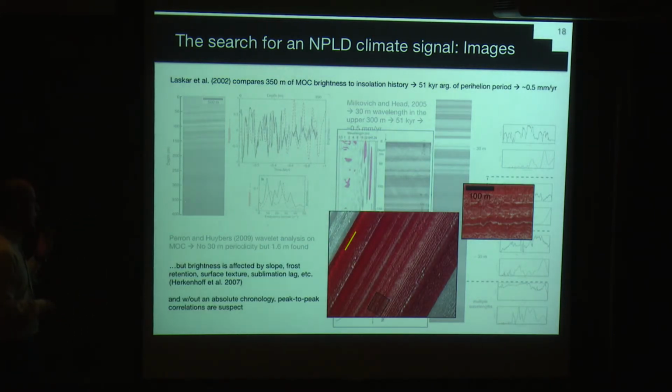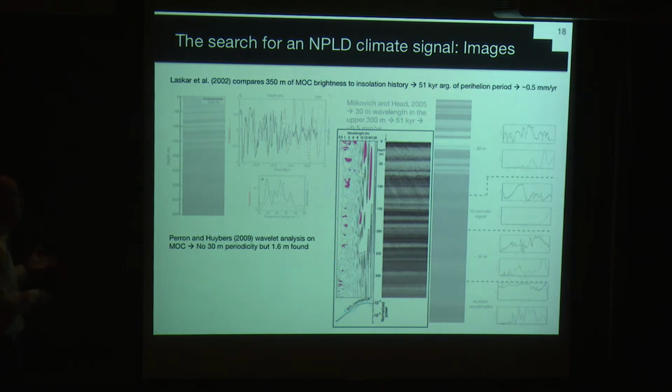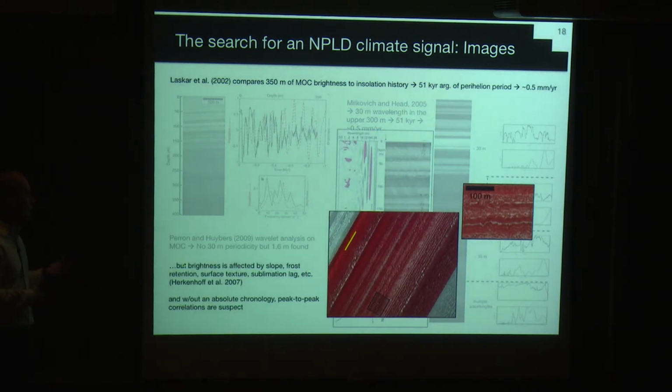And so at this point, it started becoming apparent that it wasn't as straightforward as it had seemed before to tie the periodicities in the polar layered deposits to the orbital history. However, we have to remember that we're looking at these outcrops, and so this brightness is affected by a bunch of different things, including that sublimation lag that Shane talked about during his talk.